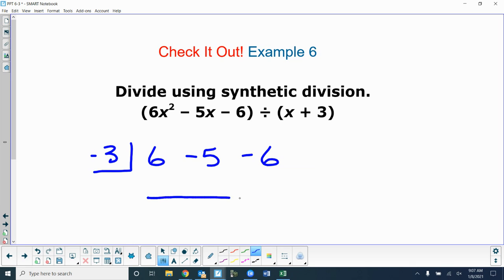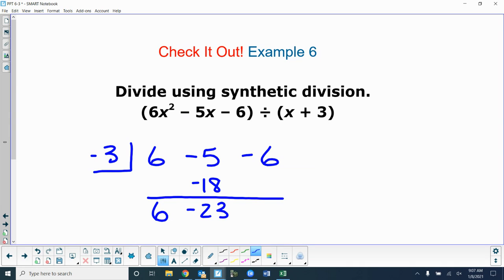Make a line. Where's this 6 go? Below, right? Now I go -3 times 6 to get the number above the line. Now, what do I do with these two numbers? I add those. So that's a -23.